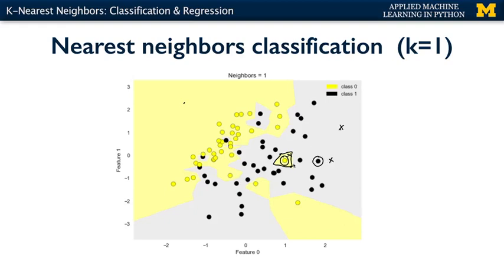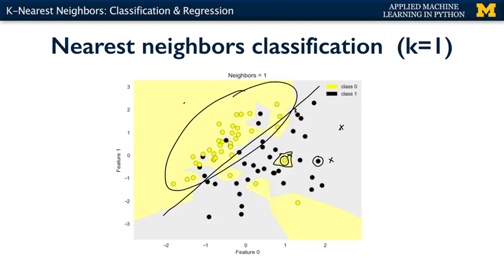It's trying to get correct predictions for every single training point while ignoring the trend between the two classes, namely that most of the yellow points are on this side of the feature space and most of the black points are on this side. So the one nearest neighbors classifier can be said to be overfitting in this case.